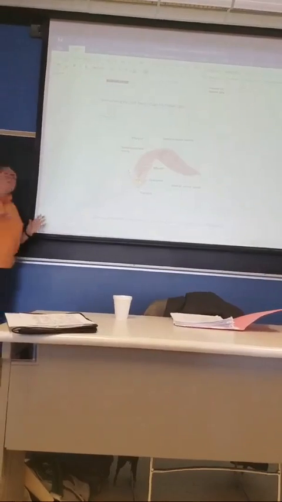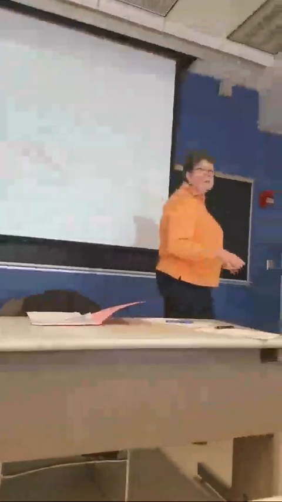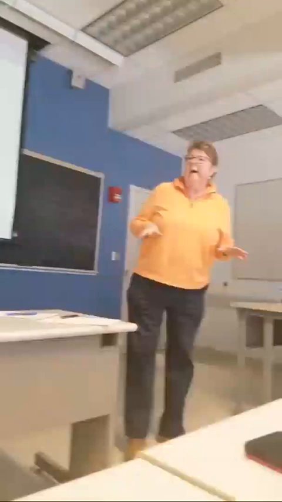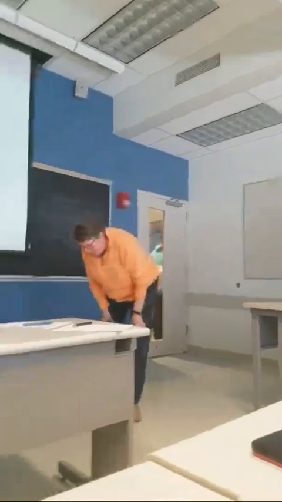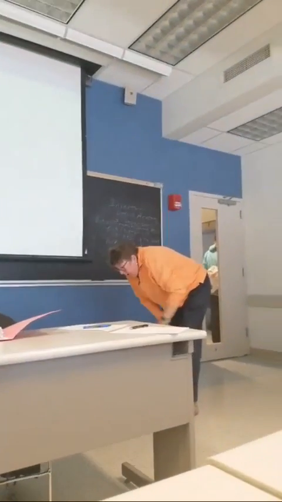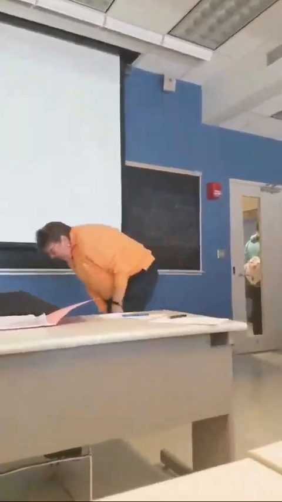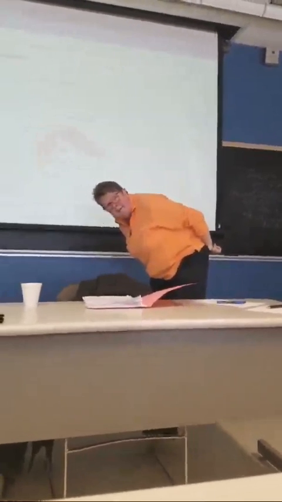Do you all know the positions for bilateral animals? If you're an animal crawling like this, the end of the animal which meets the environment first is the anterior. The end which meets the environment last is posterior.